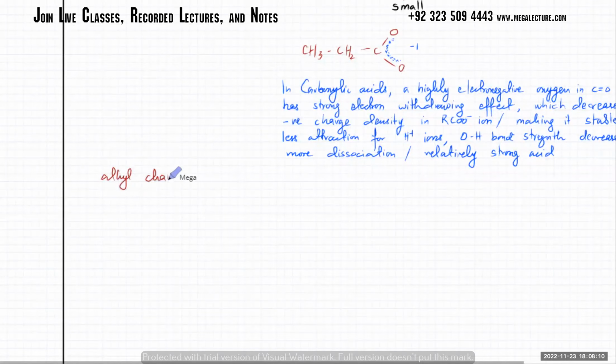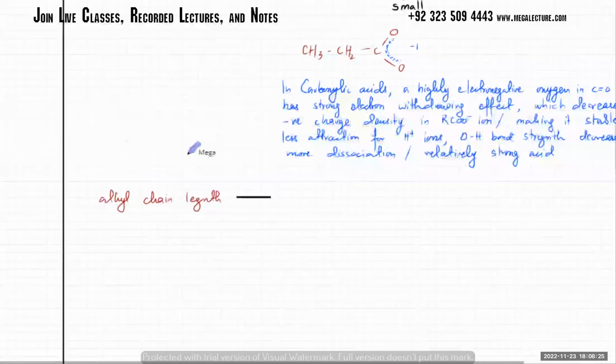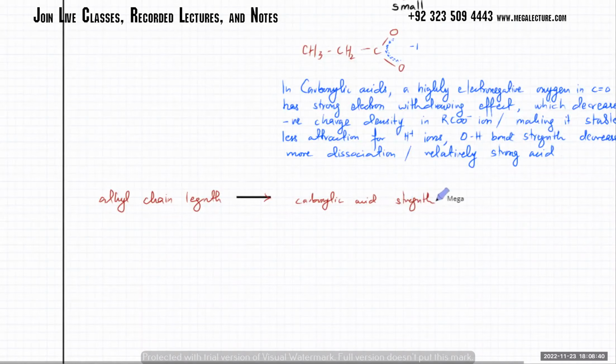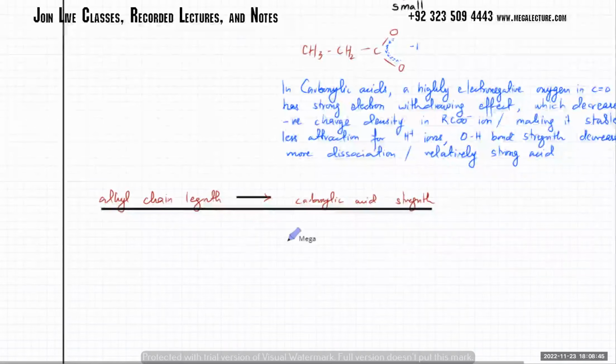So alkyl chain length and its effect on carboxylic acid strength. ठीक है, so the simple idea is that the longer the carbon chain, the weaker is going to be the acid. ठीक है, so if I have a molecule which is let's say ethanoic acid, it will ionize.